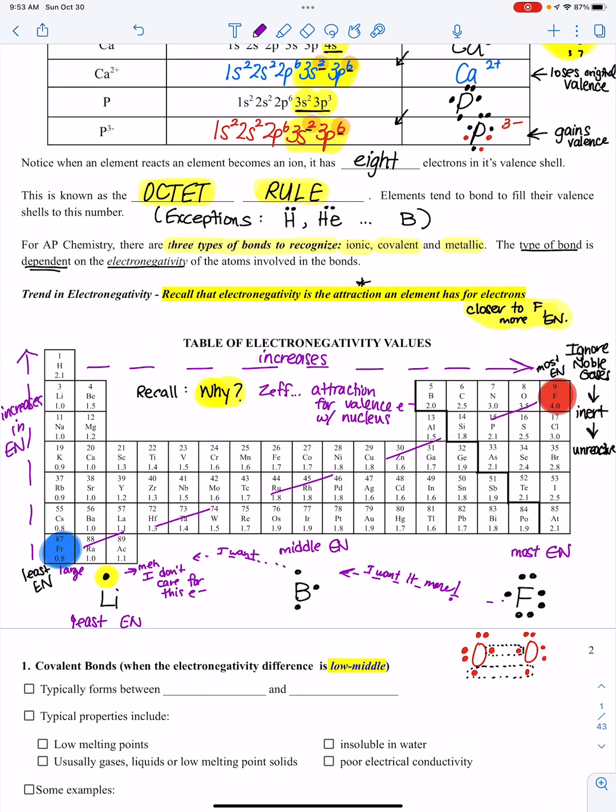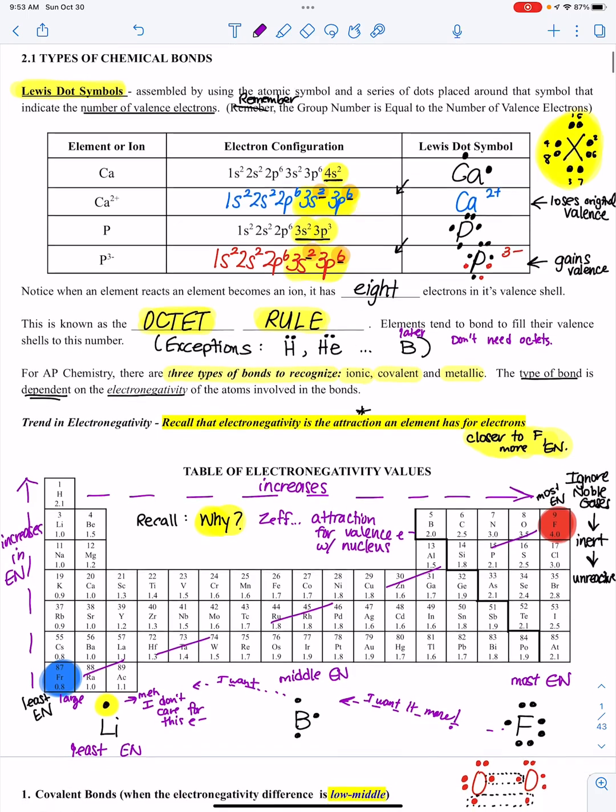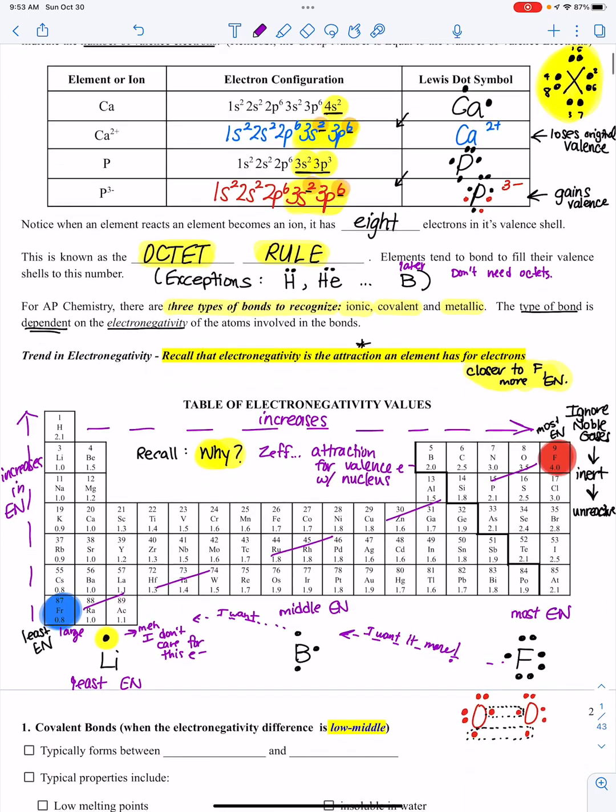Helium and hydrogen, and later on we'll see boron, they don't need octets. So I'll address that later. If you had to ask why, it might be for effective nuclear charge. It also has to do with the number of electrons in the valence shell. That'll be later. So this is Lewis dot symbols, electronegativity, and those valence electrons, and the attraction for the nucleus.